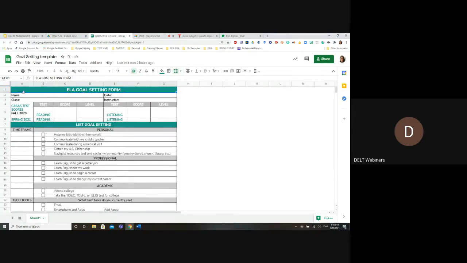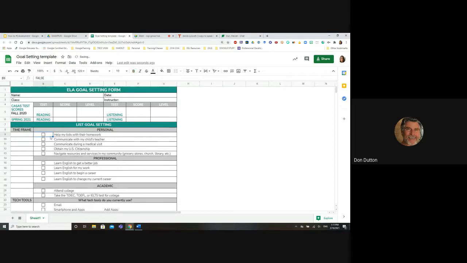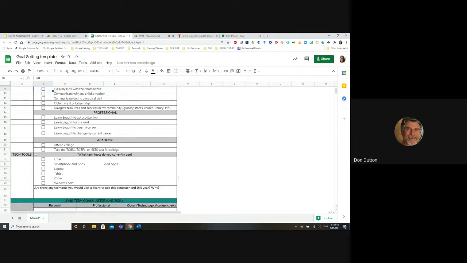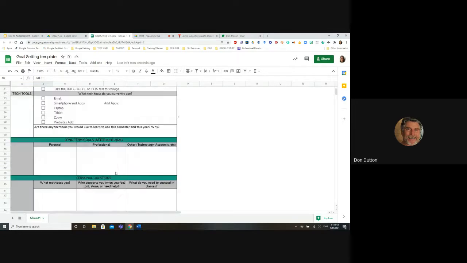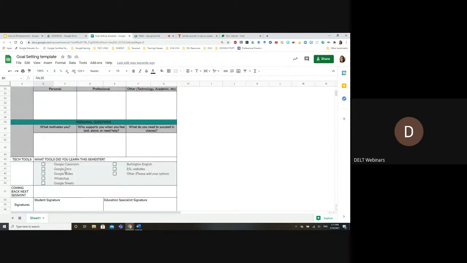As you can see, it's a simple form. I usually do it with the students. I meet with them and we have a meeting and we talk about the importance of setting time, right? Then we talk about Google tech tools, and then about personal, long-term goals, personal questions that I want to know about them, tech tools, and then coming back next session, especially for students that are already with us for longer than a semester.